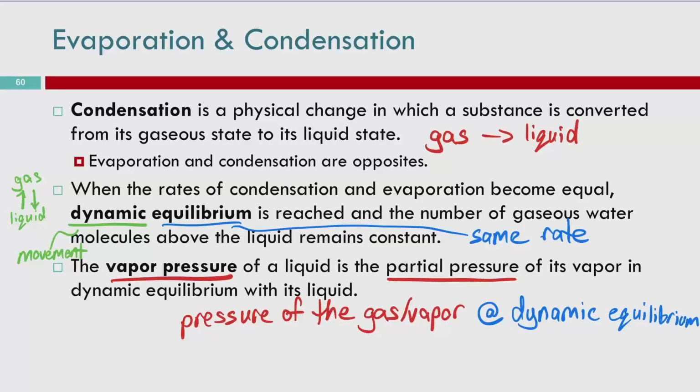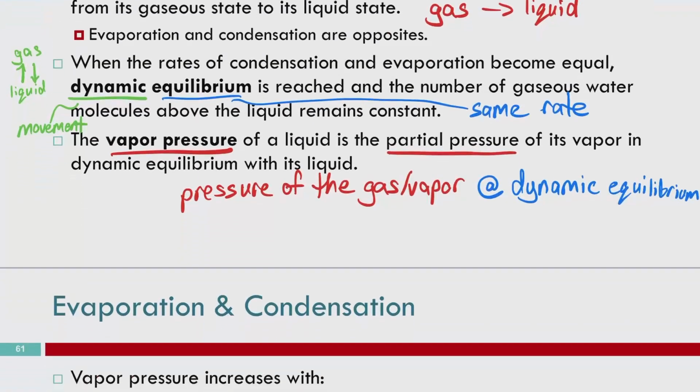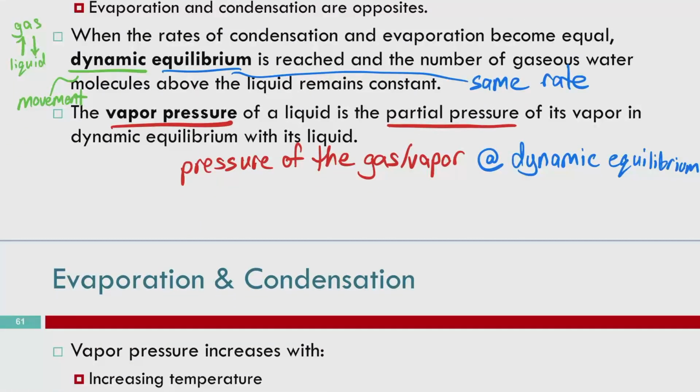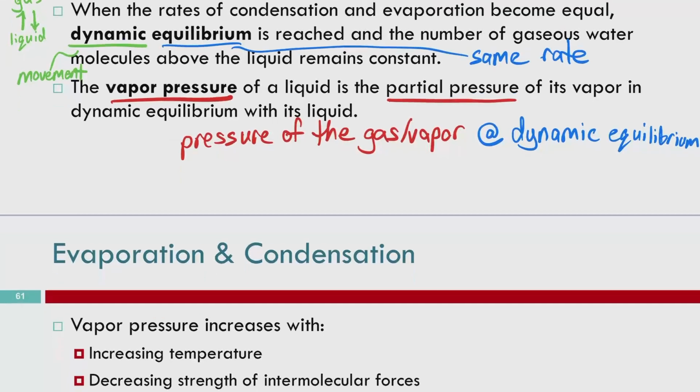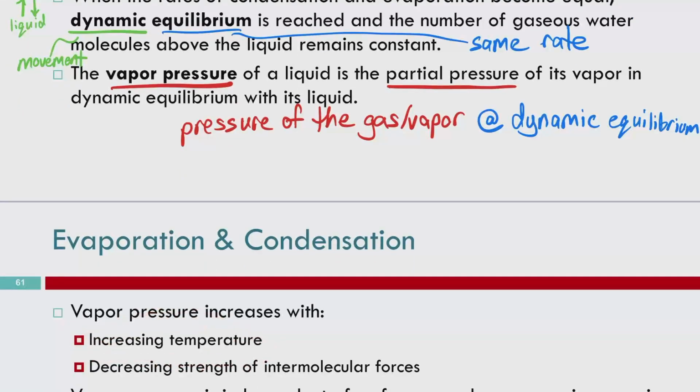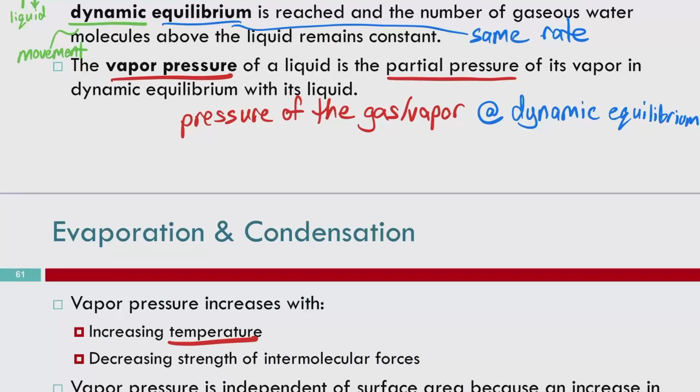So vapor pressure, we can affect vapor pressure in a couple of ways. We can increase vapor pressure by increasing temperature and by decreasing strength of intermolecular forces.